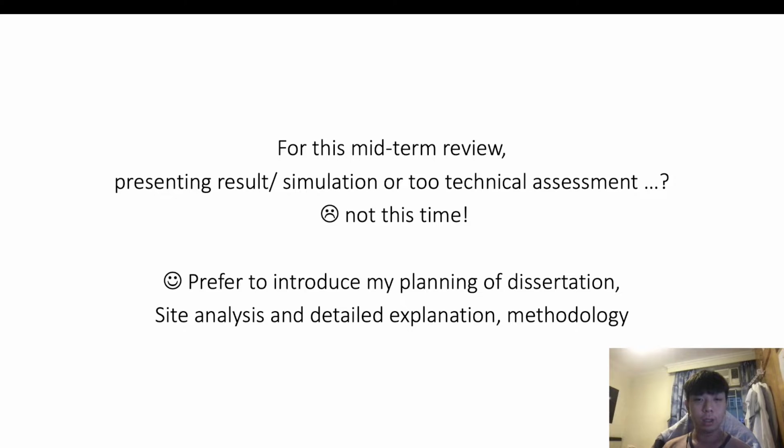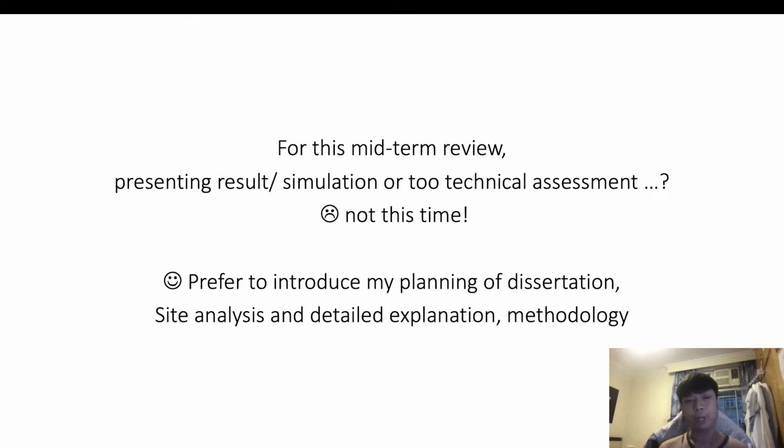So for this midterm review, I do not want to be too technical, like presenting all the simulation results, or providing too technical an assessment, for example the mathematical calculations or equations for analyzing these kinds of RE.